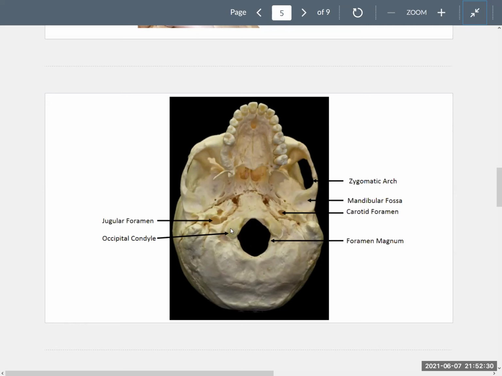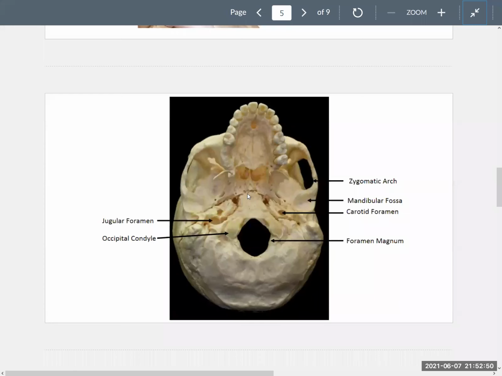Okay. There's two bumps, one here and one here. We refer to these things as structures, but the specific structure here is the occipital condyle, because it's still a part of the occipital bone. Look where the occipital goes.